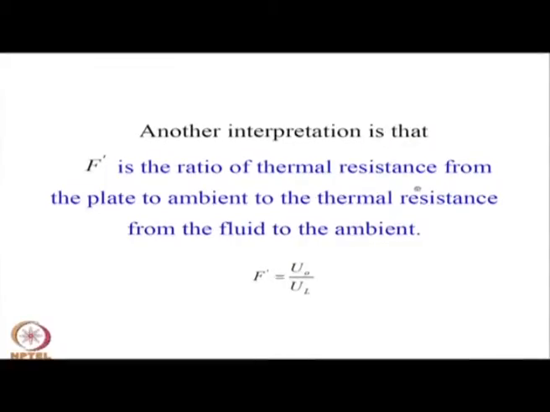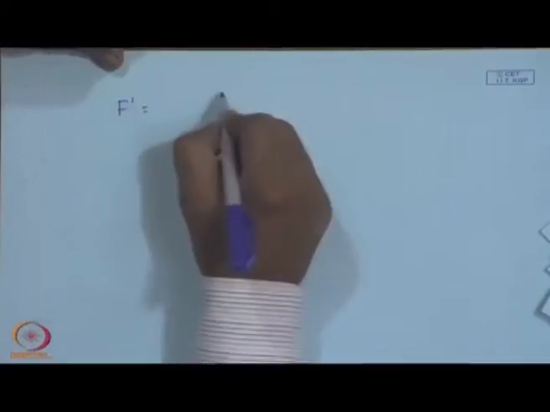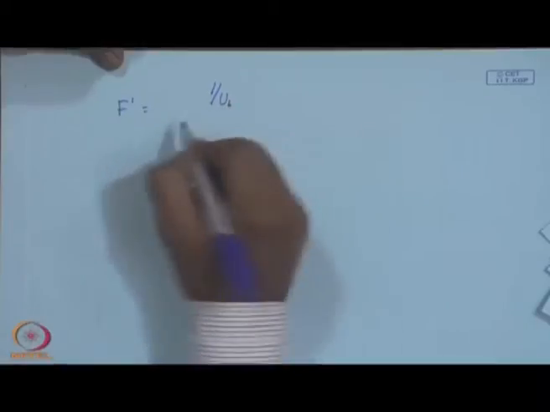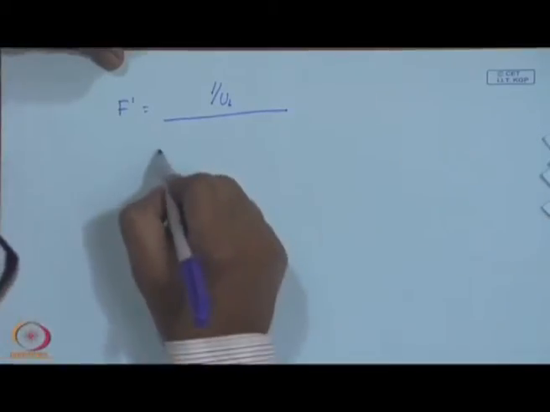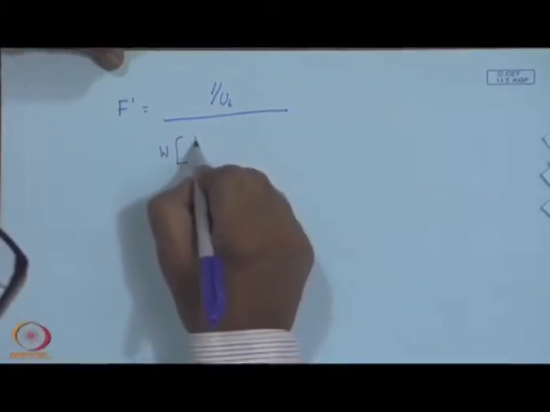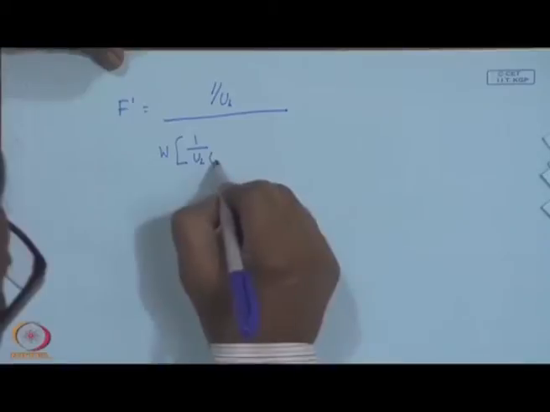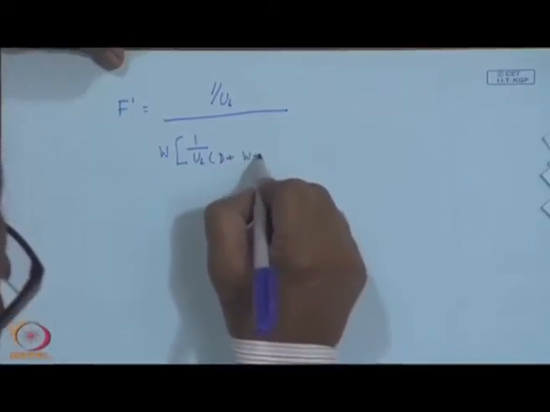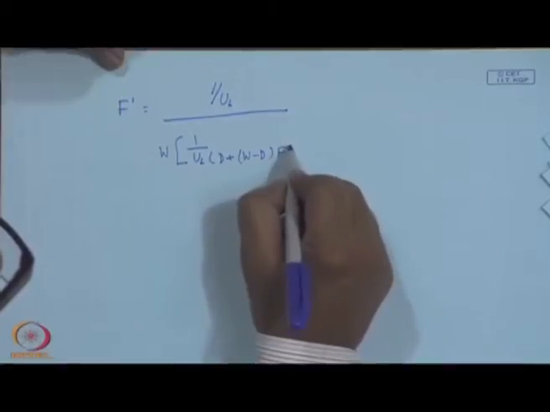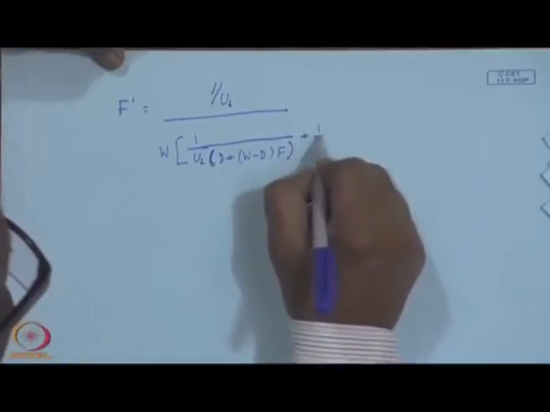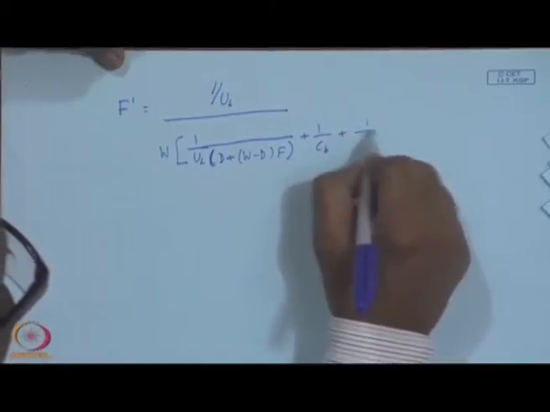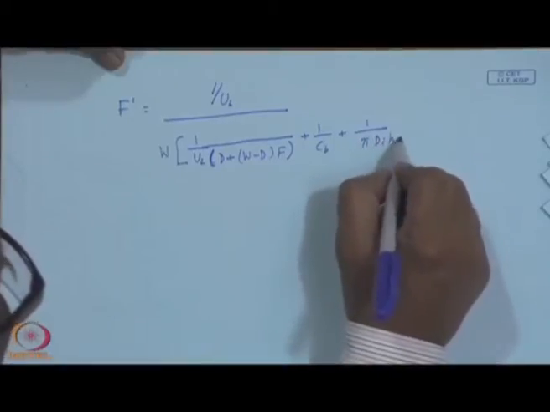Now, another interpretation is possible. Now, we have got 1 upon U_L by this quantity, that is W times [1 upon U_L into D plus (W minus D) times F] plus 1 upon C b plus 1 by pi D_i h_fi.